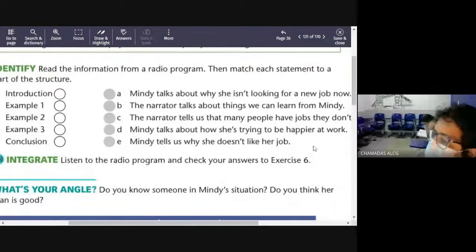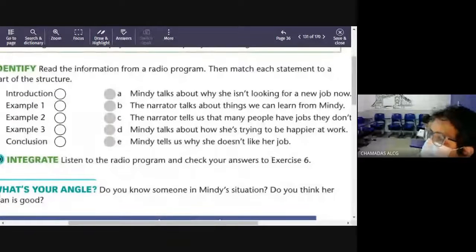So which one do you think should go in the introduction?